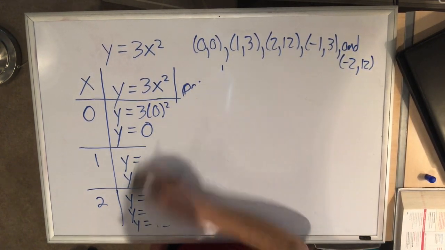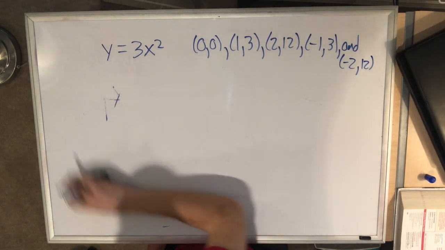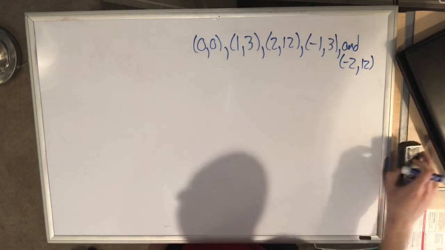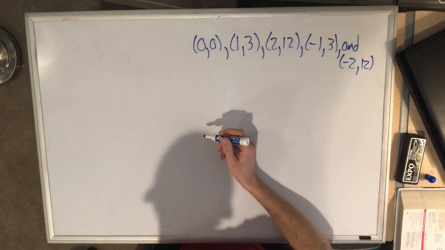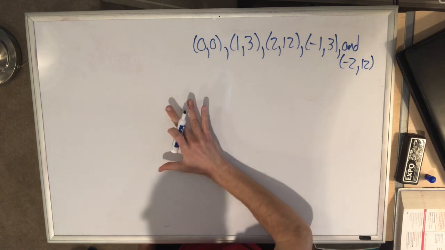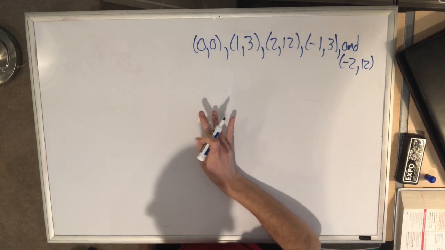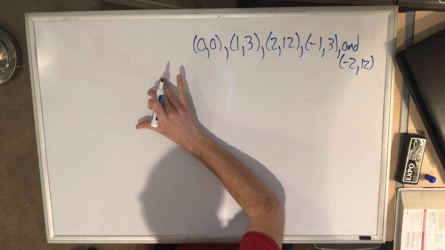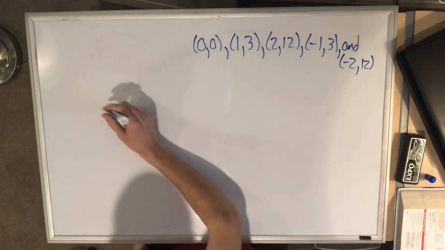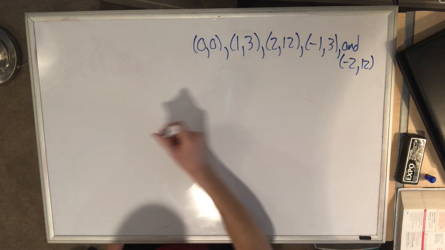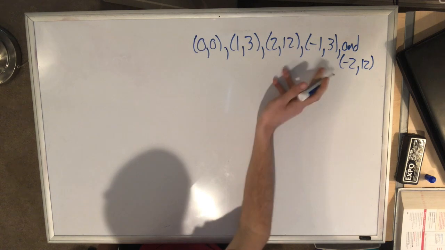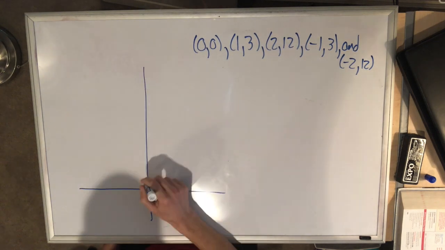Notice that all the y values we got were positive because anytime you square a number, the result is always positive. So we don't have to deal with quadrants 3 and 4, which have negative values for y. We just need quadrants 1 and 2. And let's go up to 12 on the y-axis because that's the highest value of y in our 5 points.